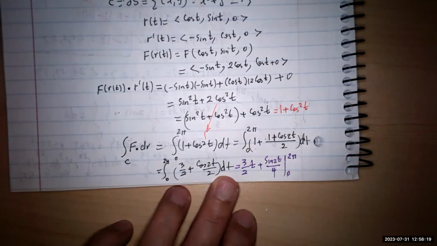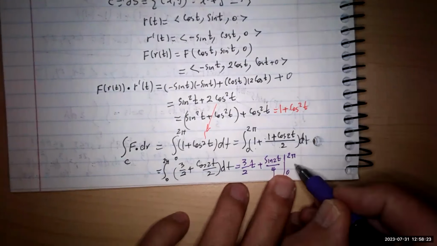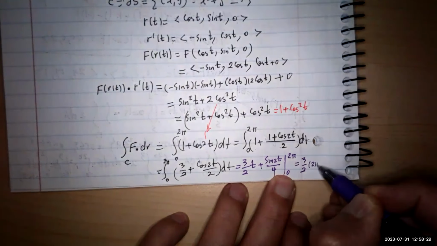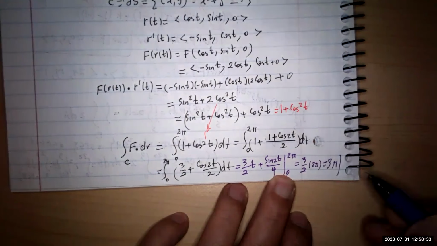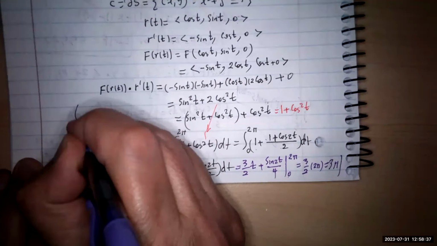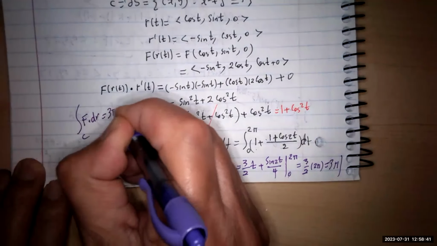The only thing that you get is from the first part, 3/2 times 2 pi. So the result would be 3 pi. Okay, so the line integral of f dot dr over C would be 3 pi.